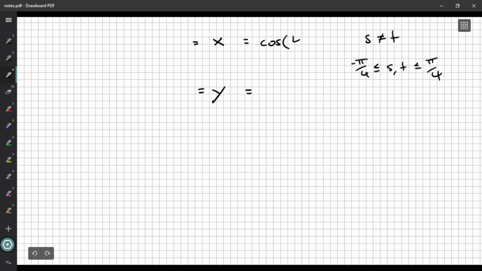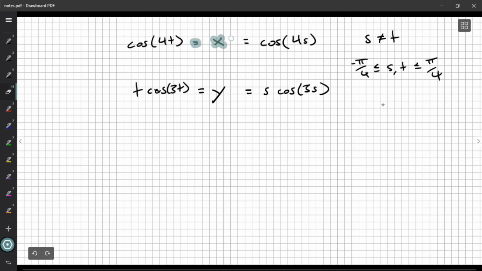Okay? We need to make sure the x coordinates are equal. So we need cosine of 4t to be the same as cosine of 4s. Okay, and then t cosine 3t needs to be the same as s cosine 3s. Alright, and now what we need to do is just sort of solve.